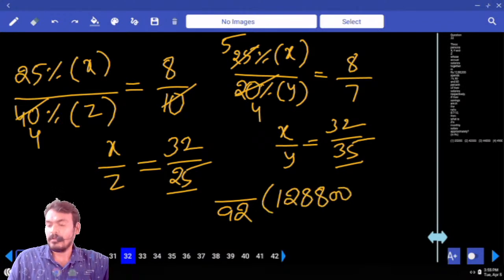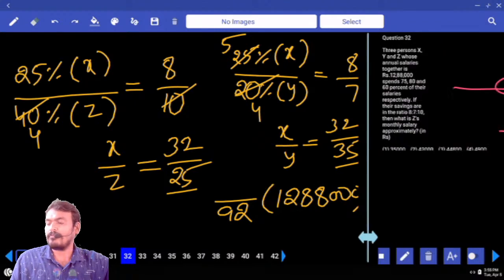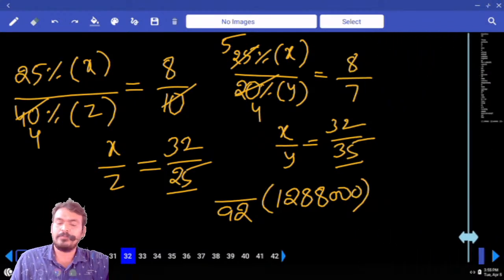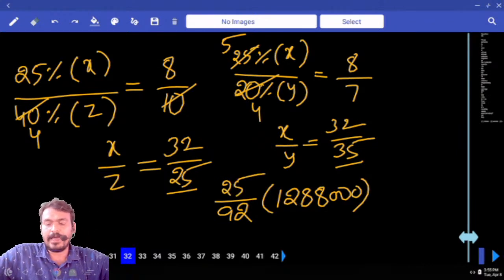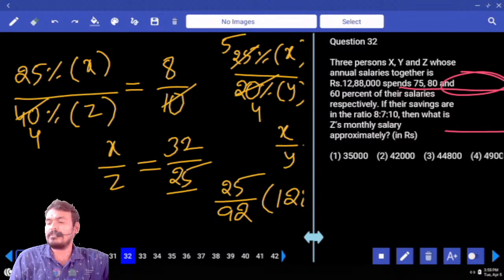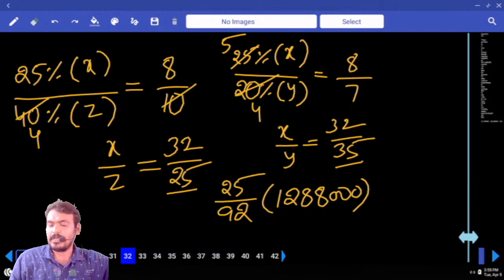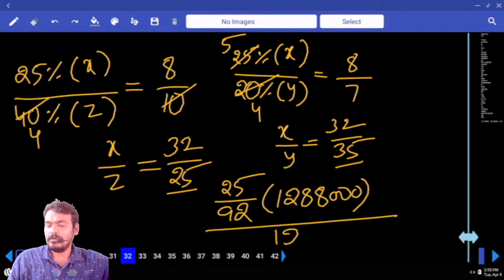12,88,000. Next, out of this we require which salary? Z. Z means how many parts? 25 parts. 25/92 of 12,88,000 gives us the annual salary. But we require monthly salary or annual salary? Monthly salary means by 12 or into 12? By 12.